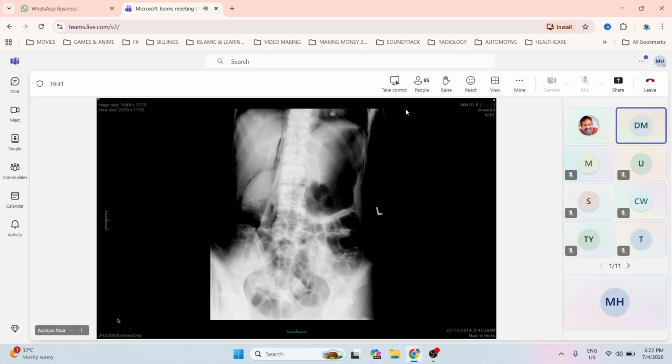It could be some emphysematous infection of the retroperitoneal organs, or a part of the duodenum that is at the retroperitoneal region.